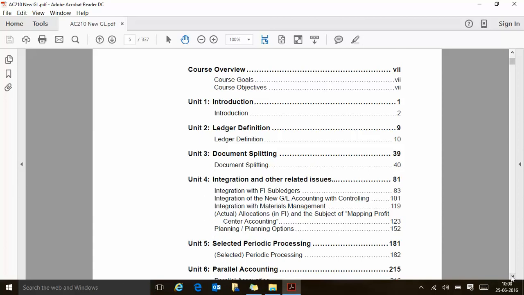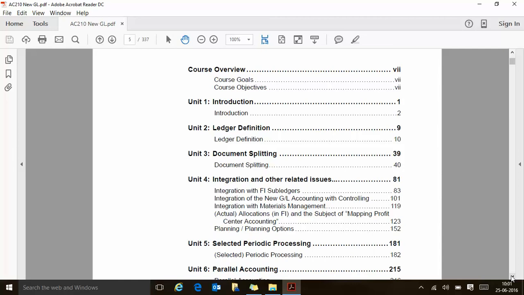So we have introduction, we'll talk about new GL, we'll have ledger definition, and then we will talk about document splitting. This is the additional feature being introduced in new GL.